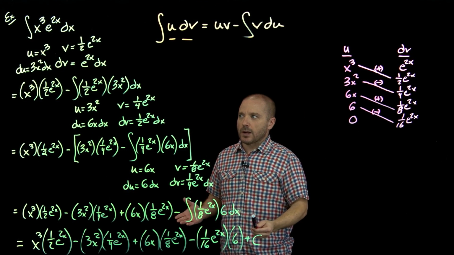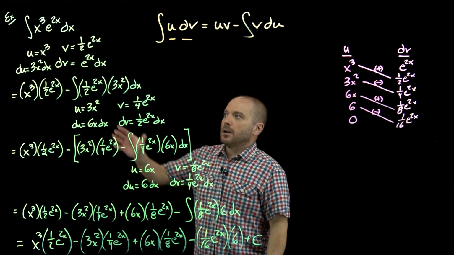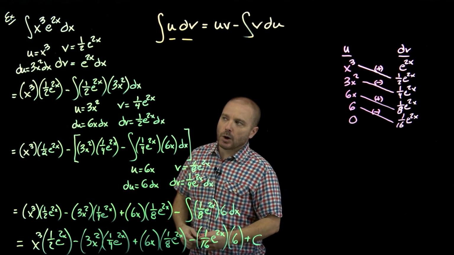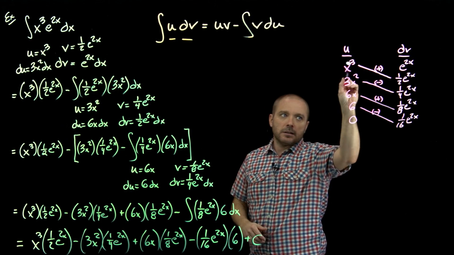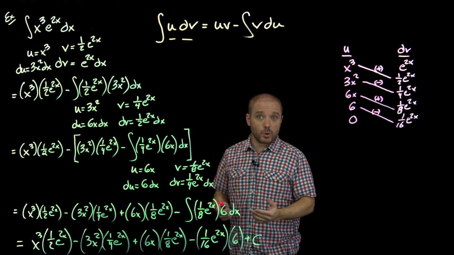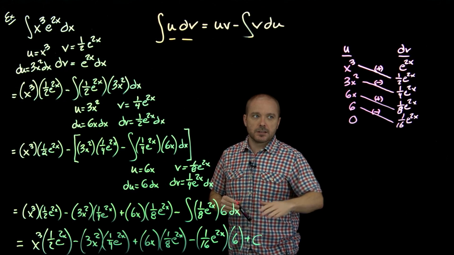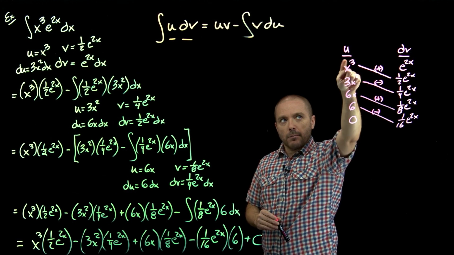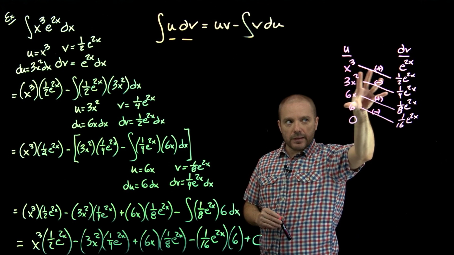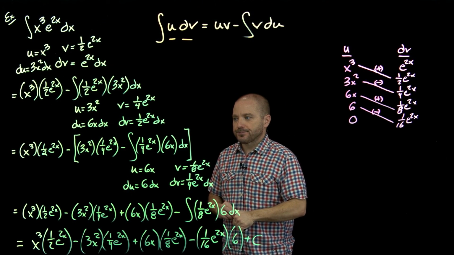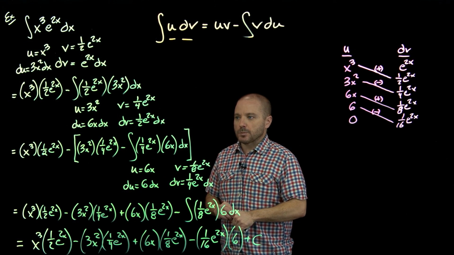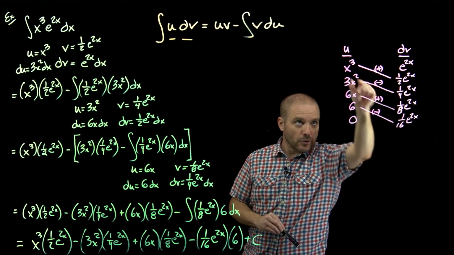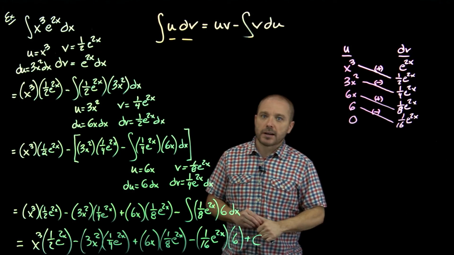So any situation, integration by parts, where you find yourself starting out with the u being a polynomial, this table method will work as a shortcut. So this is not something you can use in every integration by parts, but if the u is a polynomial, then this table method will work. Just be careful about assigning your signs there and getting your derivatives and antiderivatives correct, and you should be okay.